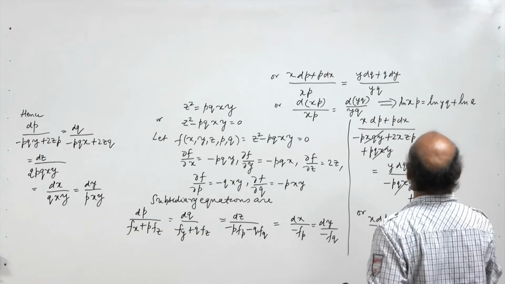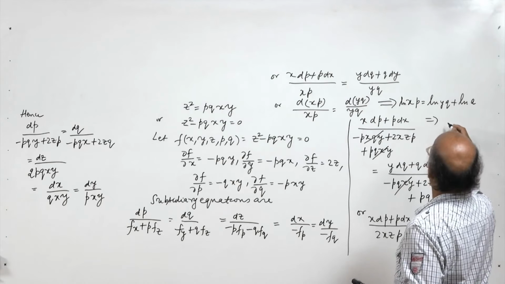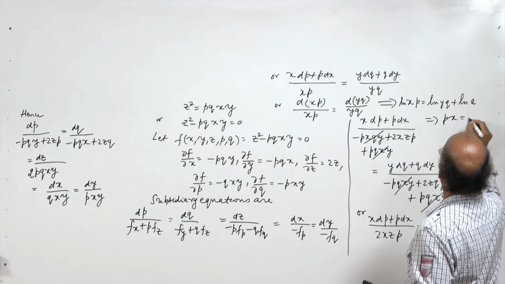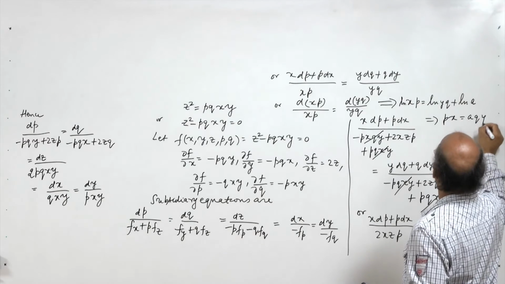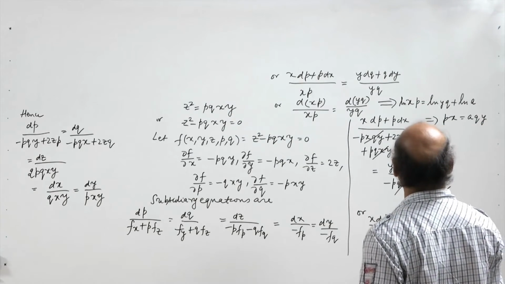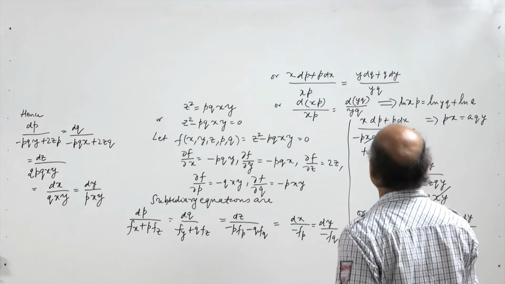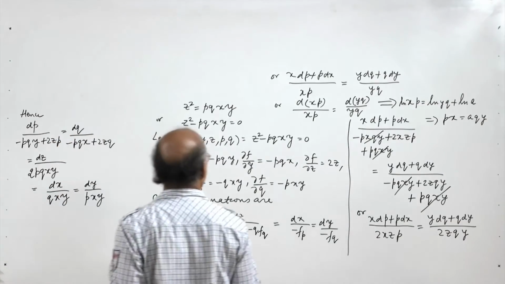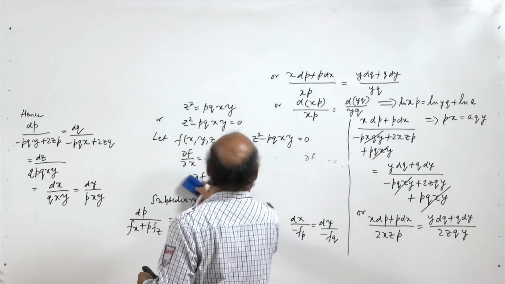So we shall get px = a yq. So we get a relation between p and q, that is px = a yq. Now let us use that relation and determine the values of p and q with the help of the given equation.